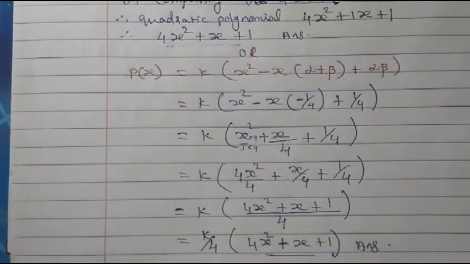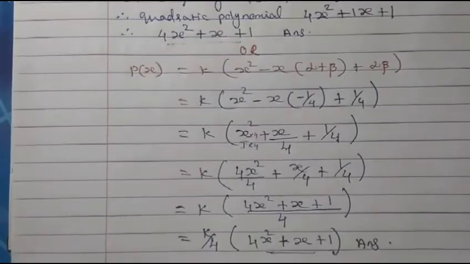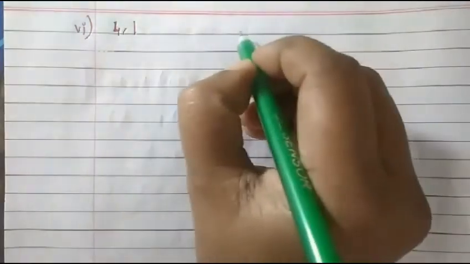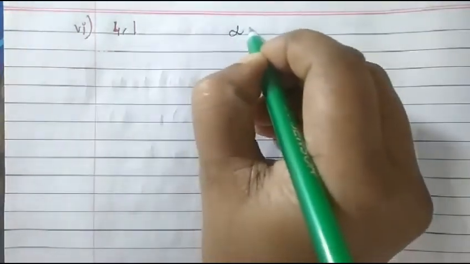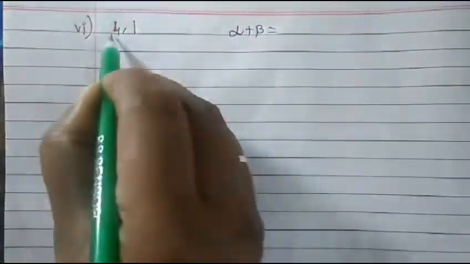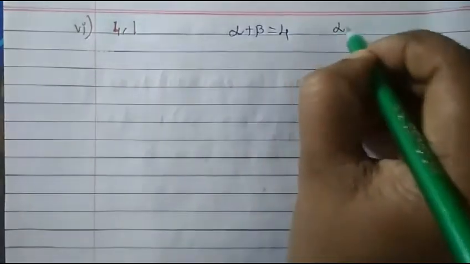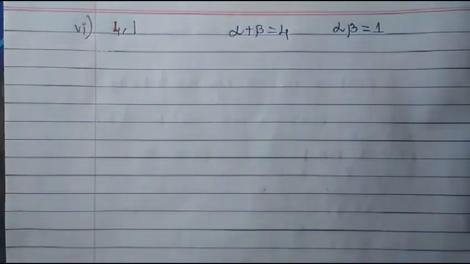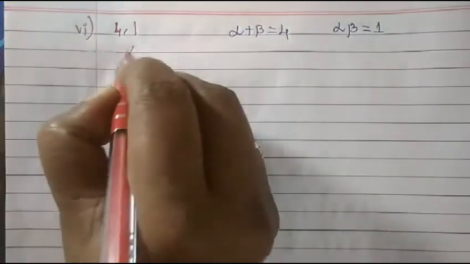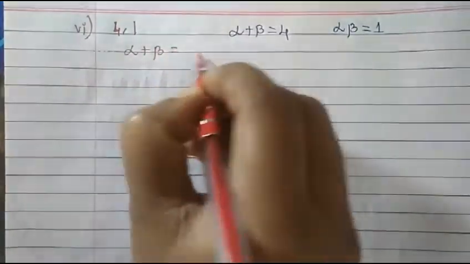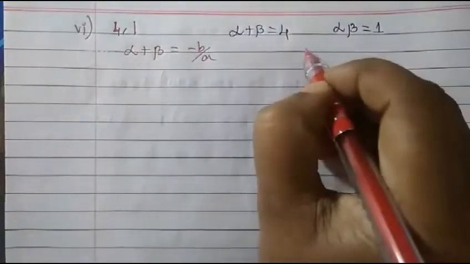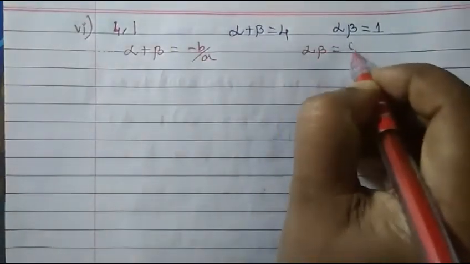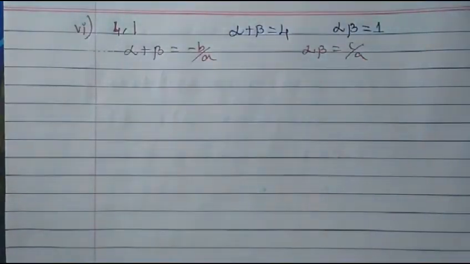So now let's see quickly the sixth one. Here in the assuming method we have to write down the sum of the zeros is 4 and the product of the zeros is 1. We know that the sum of the zeros is minus b upon a and the product of the zeros is c upon a.